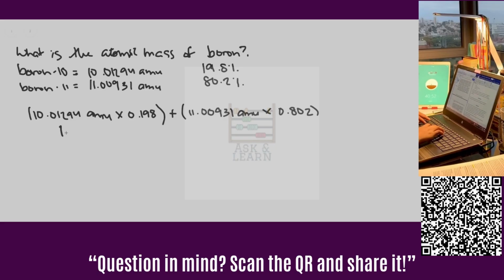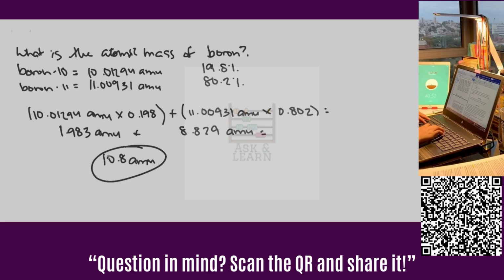So what that gives us is 1.983 atomic mass units here, plus 8.829 atomic mass units. And if we present this in the proper number of significant figures, that gives us remarkably the same number as we saw from our sketch, 10.8 atomic mass units, which is the mass of boron.